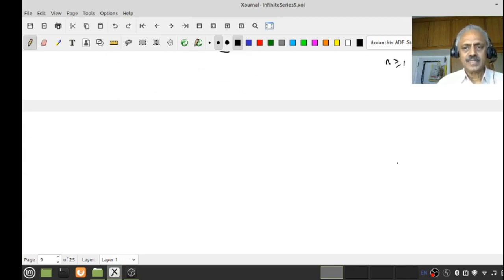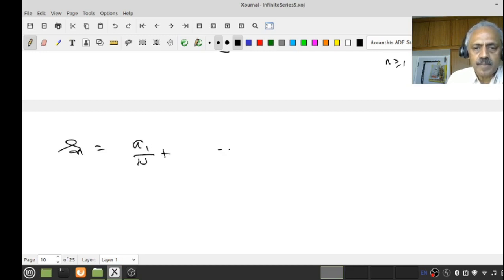Why is that? What are the partial sums of the series, Sn? That is going to be a1 by 10 plus up to an by 10 to the power n. Now, what is x minus Sn?